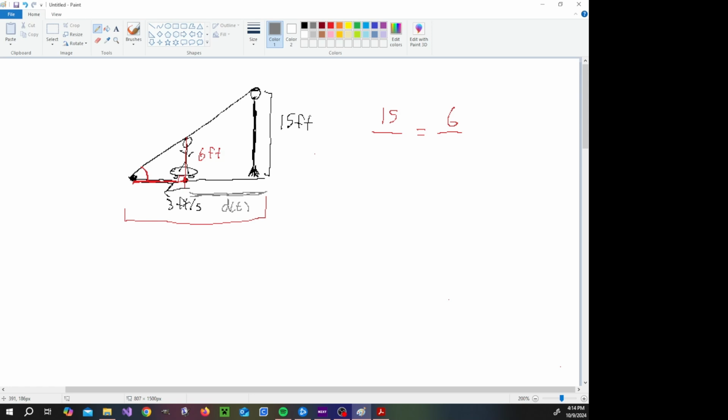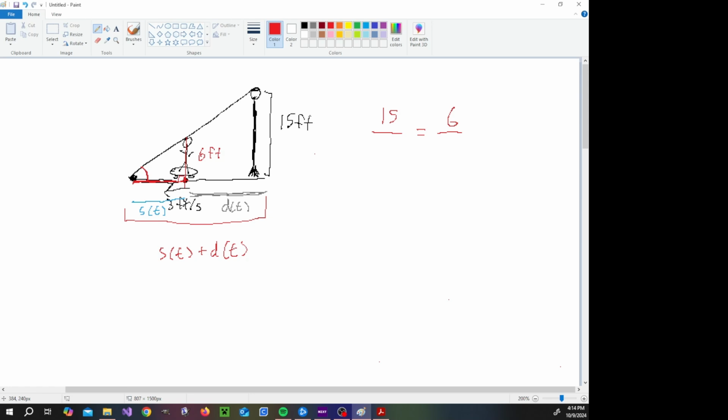Then we also have the distance from the tip of the shadow to the boy, and let's call that s of t. That should change over time as well. That means the entire length of the large triangle should be s of t plus d of t, the sum of the two individual pieces.